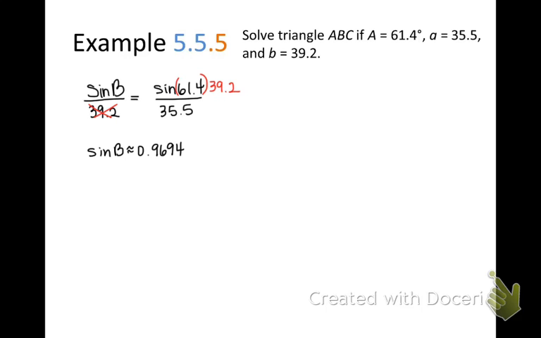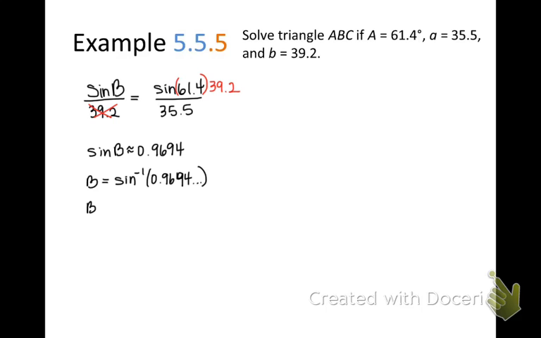All right, so can I find an angle that will give me this sine value? Yes. So let's find that. Inverse sine. Are you going to use just these 4 numbers, or the whole string that's saved on your calculator? Whole string. So I'm going to write this in here so that I can see where I'm getting things, but I'm going to use that whole string on my calculator.